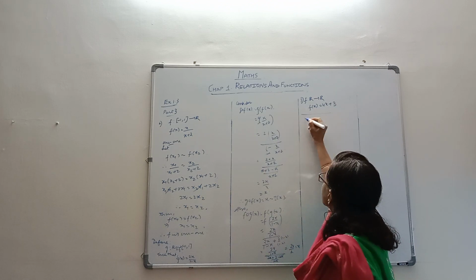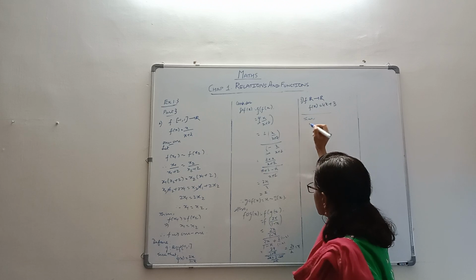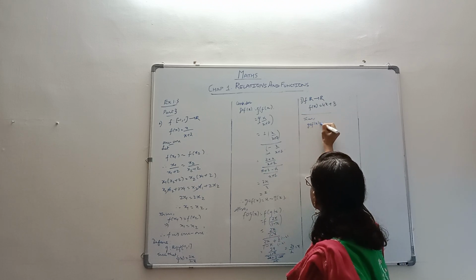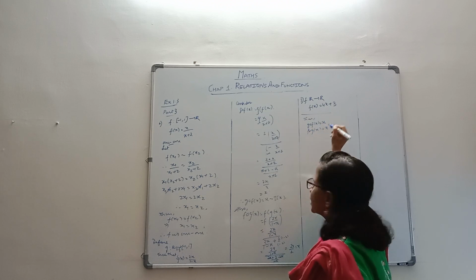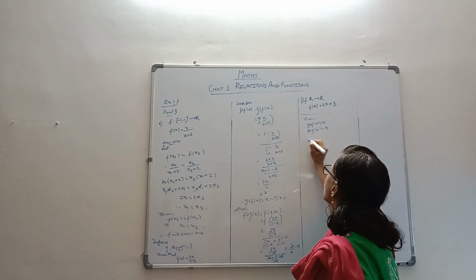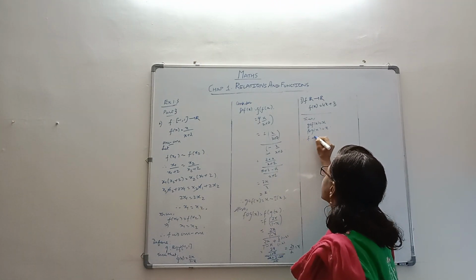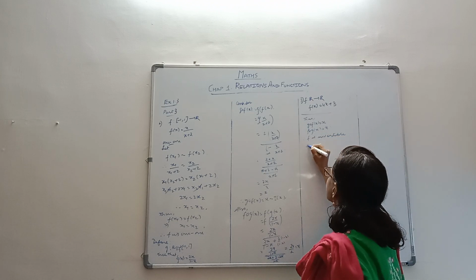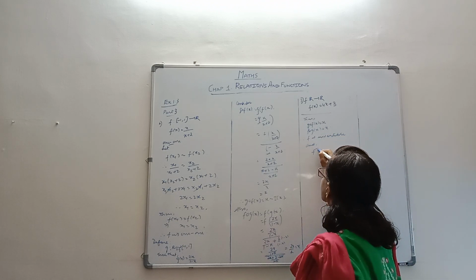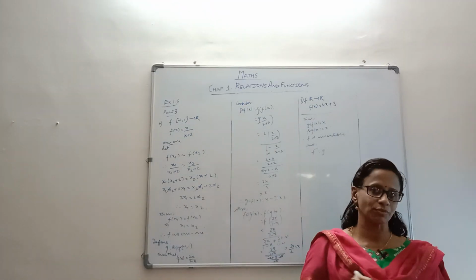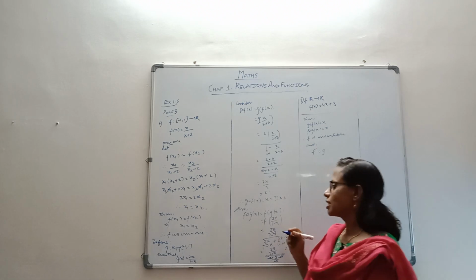Thus g o f at x is x and f o g at x is also x, the identity. Whenever such a thing happens, f is invertible and f inverse is g.